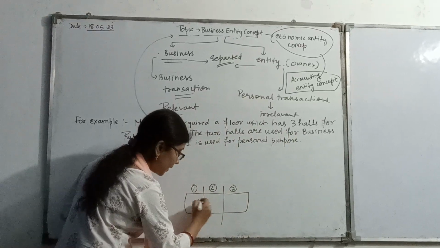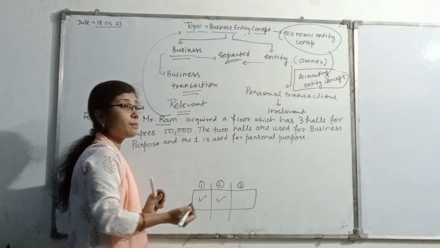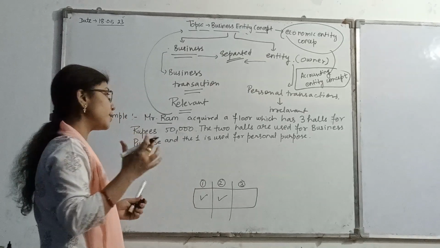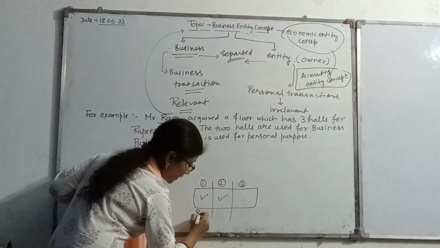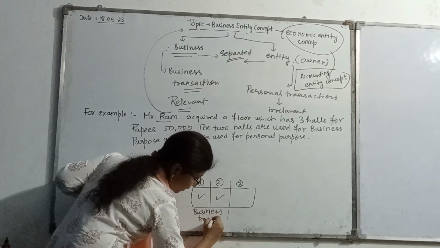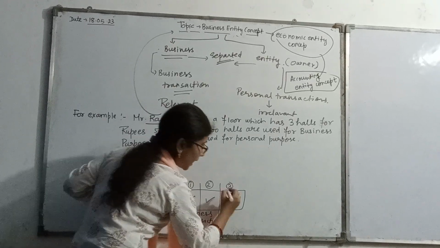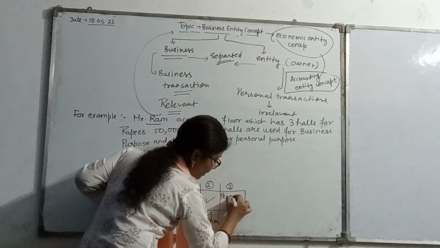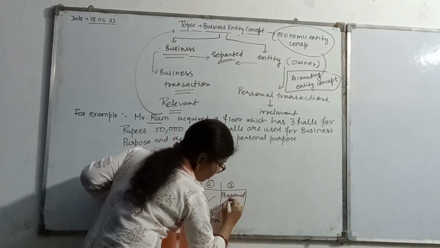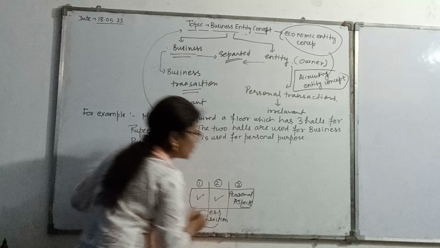Halls number 1 and 2 are used for business purposes, like office purpose or furniture, etc. These are business transactions. Hence, they will be recorded in the business books. And the third one is a personal transaction, a personal aspect.